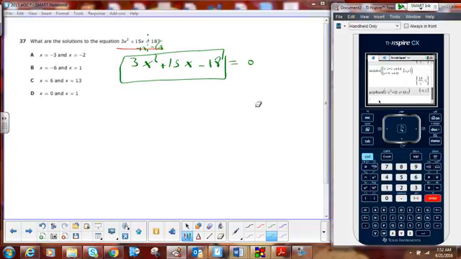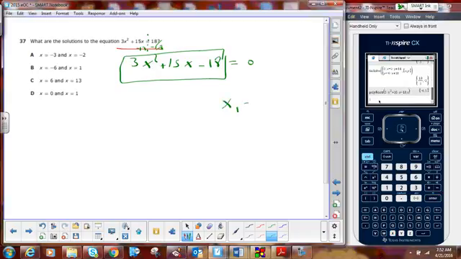So these are both solutions. The first solution is -6, the second solution is 1, so we have two solutions. So which one will match? There, bingo, B.